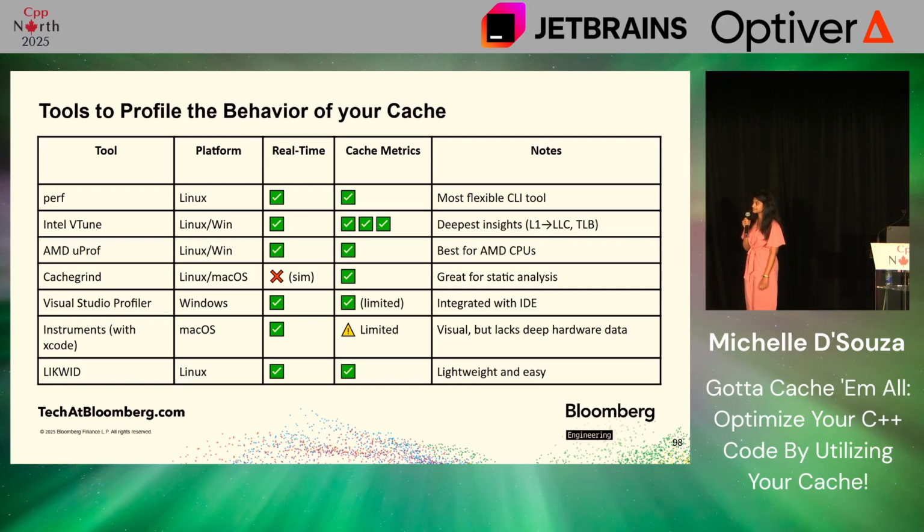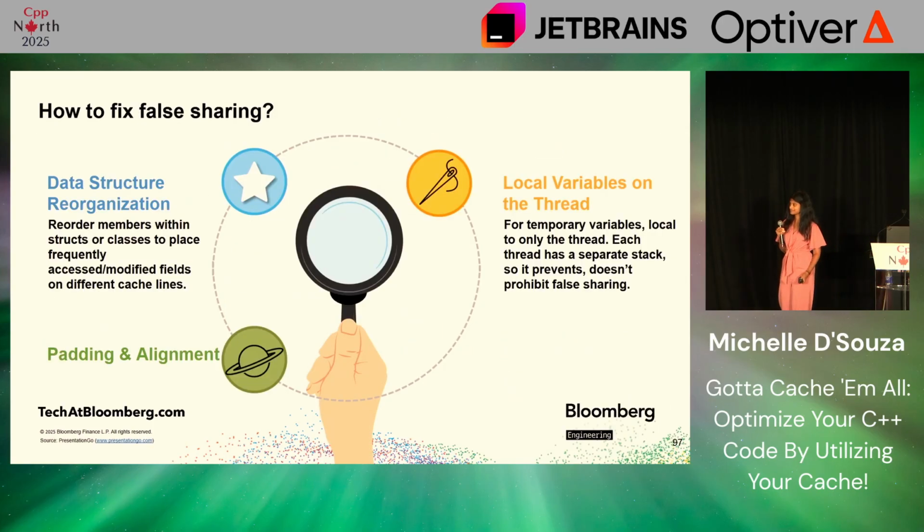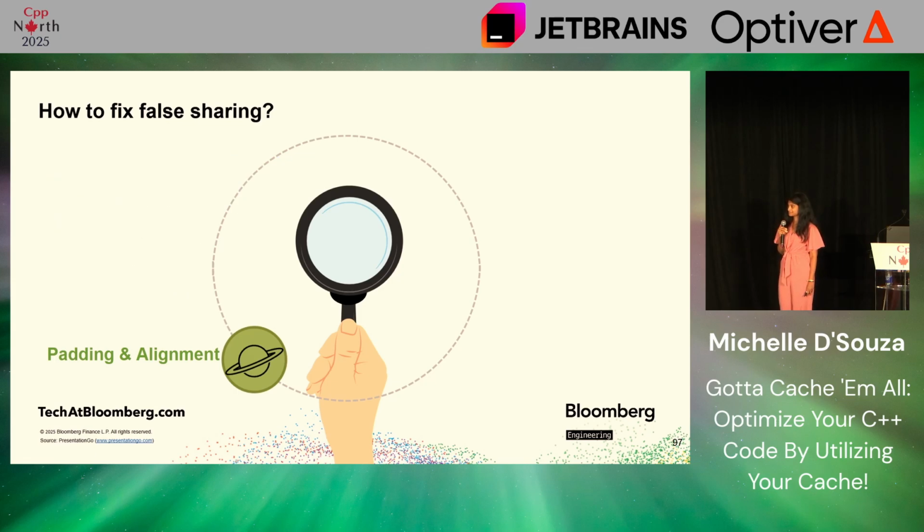You mentioned that padding and alignment is one way to deal with cache problems, right? This might be a stupid question, but if the cache lines are different in different architectures, how do you deal with that in your code? Good question. Also not a stupid question, don't worry. Are you talking about the size of the cache line?